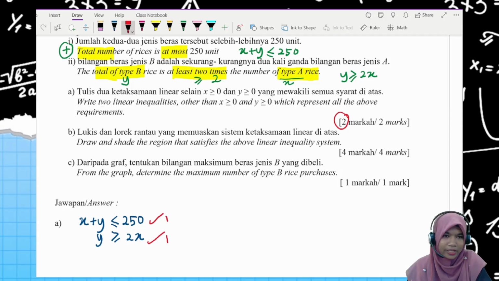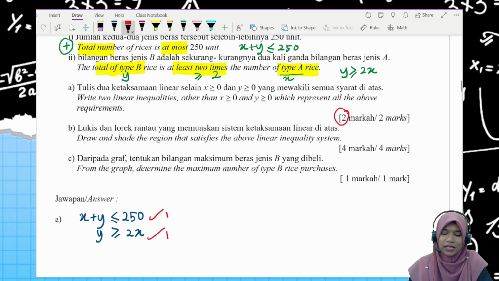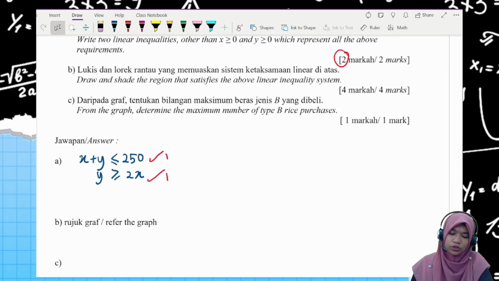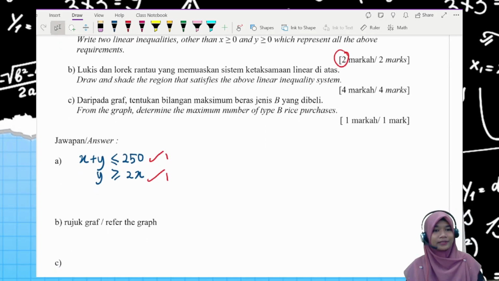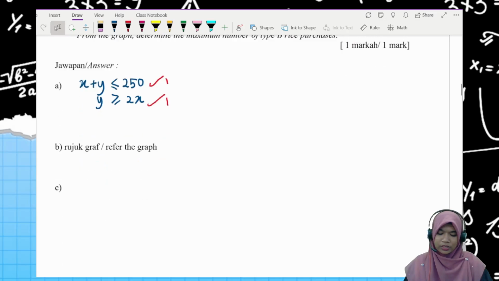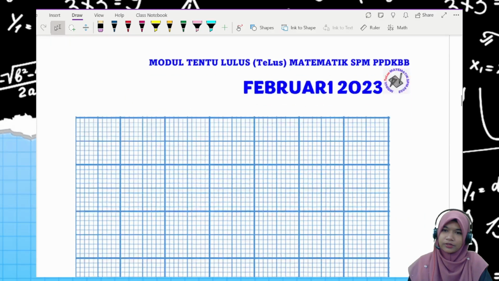So how to draw and shade the region. Make sure you get the correct inequalities, and then we draw the graph.